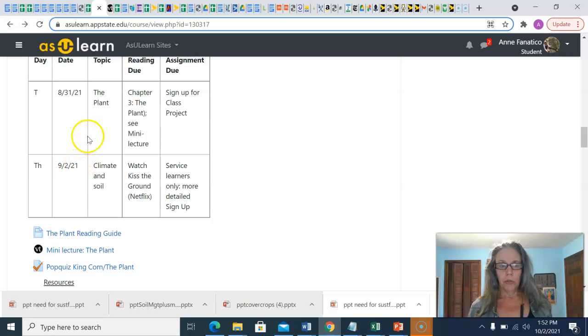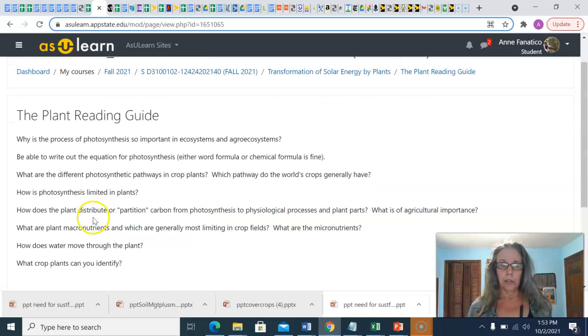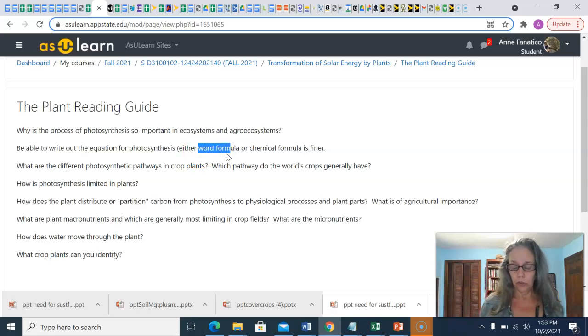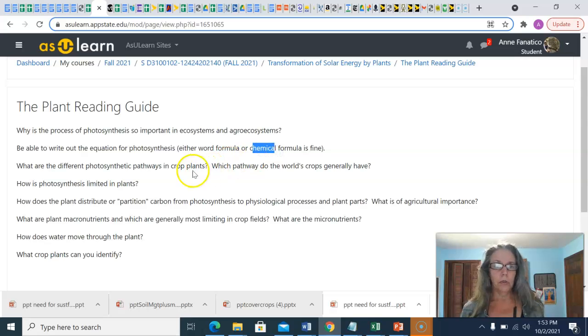And then we moved into looking at the plant, and this really helped us look at photosynthesis. That was review for some of y'all, but this is what effective solar capture is, so that you need to understand the process of photosynthesis, either know the word formula, using carbon dioxide and water and light to give glucose and also produces oxygen, or you can use the chemical formula.